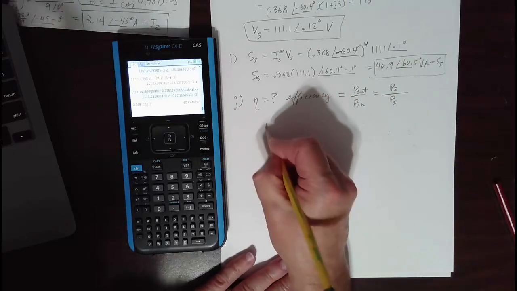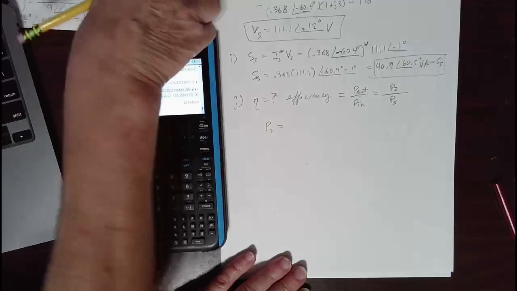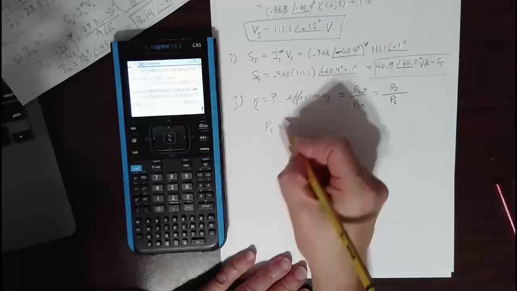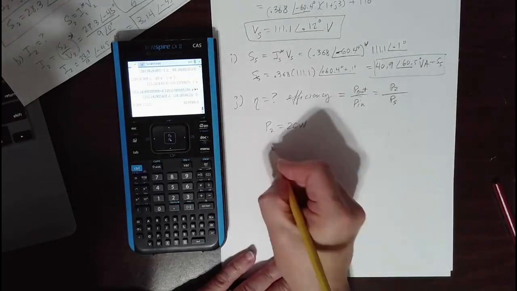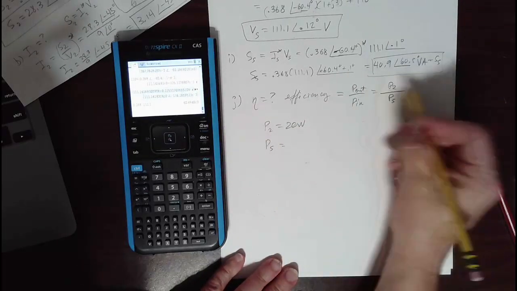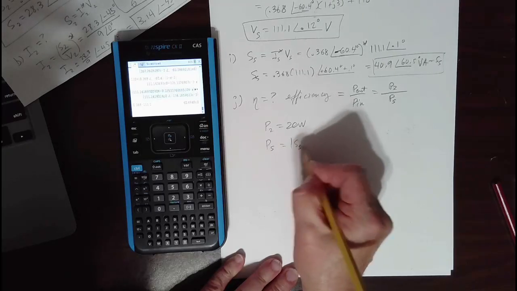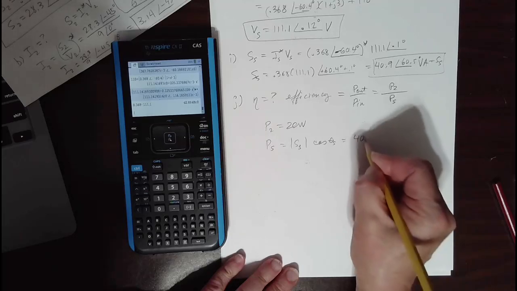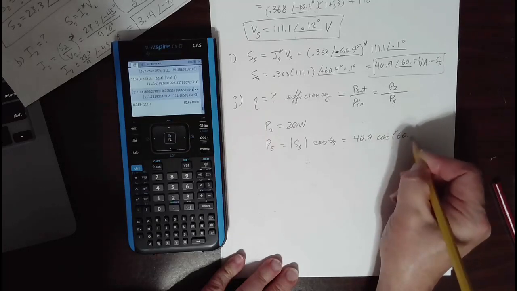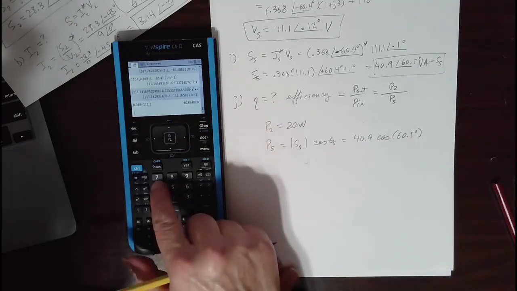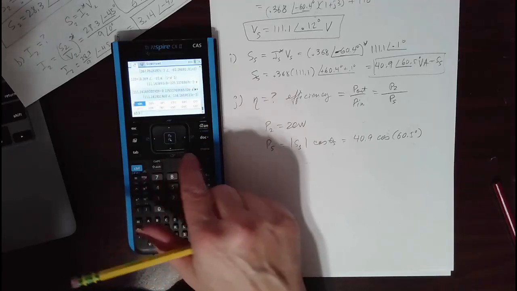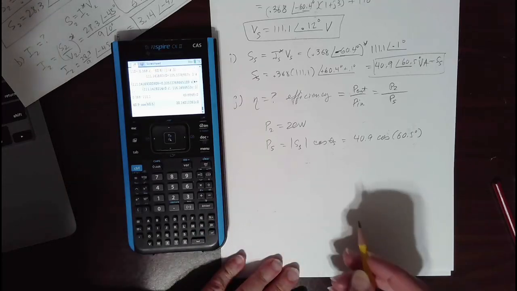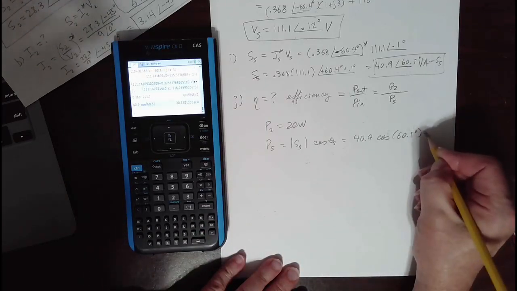All right, so what is P2? Well, remember at the very beginning, we were given P2 is 20 watts. How about P_S? P_S is going to be the magnitude of S times cosine theta_S, so 40.9 cosine 60.5. Oh, what is this? Okay, maybe I should have kept some more sig figs.